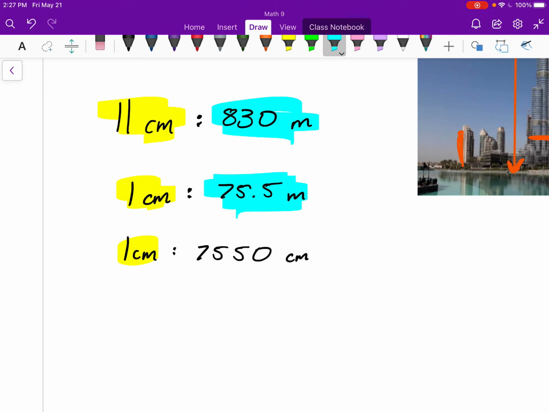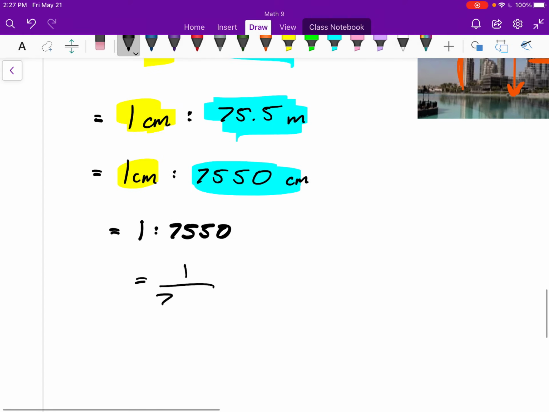And if I write it like this, I don't really need to have those units anymore. I can just say 1 to 7,550. These are all equivalent to one another, which if I want, I can write as a fraction, as 1 over 7,550.